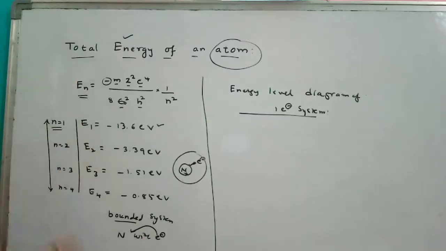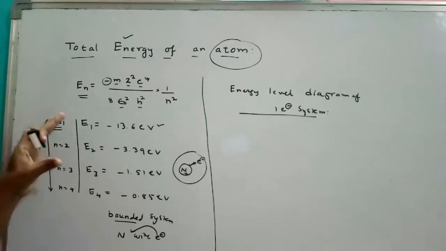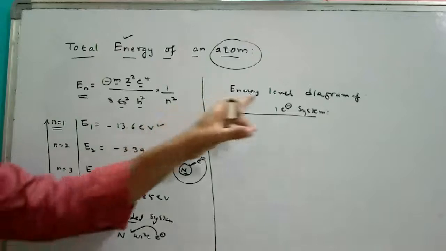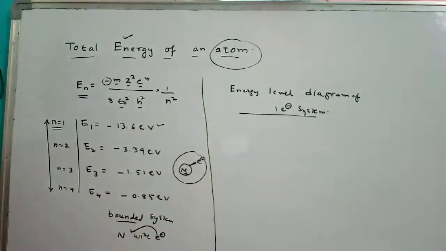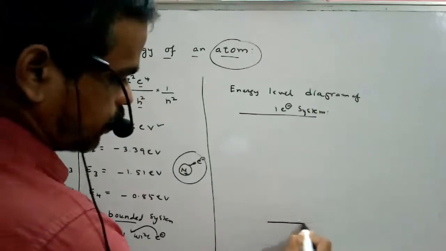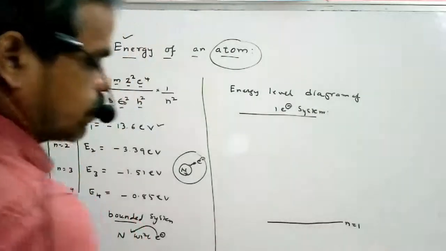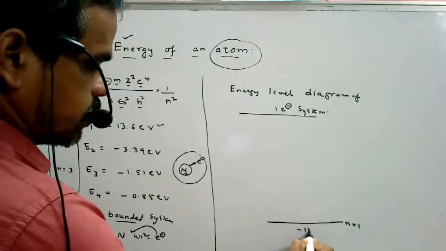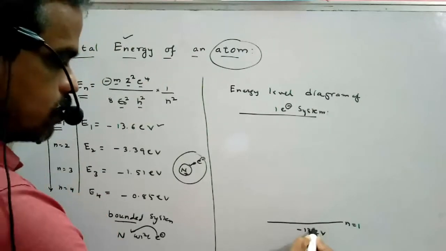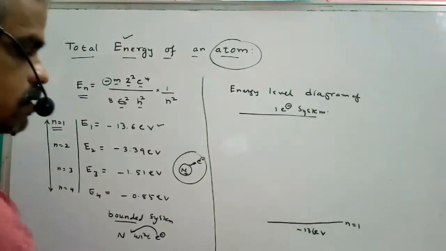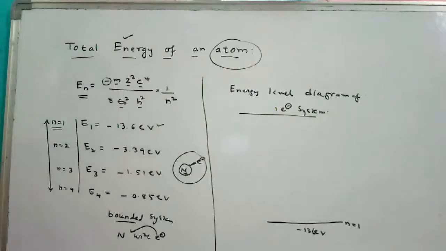By using these energies, I want to draw the energy level diagram of a one electron system. See here, take n equal to 1, that is minus 13.6 electron volt.